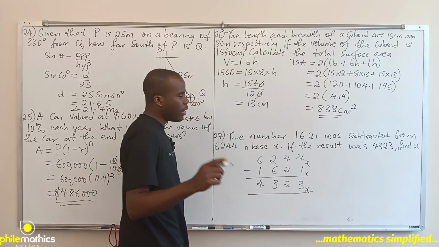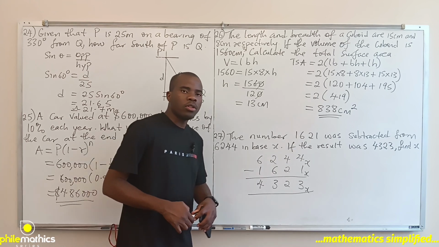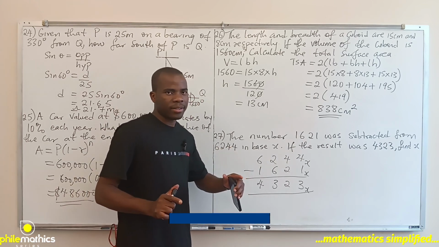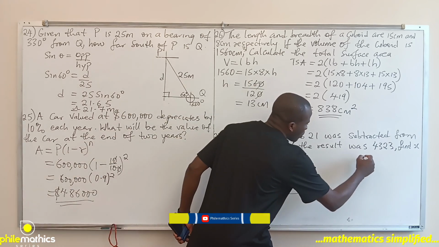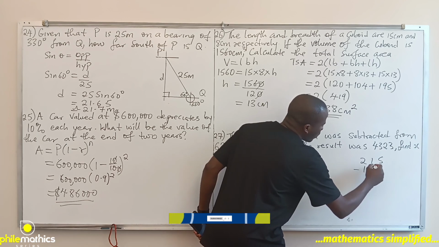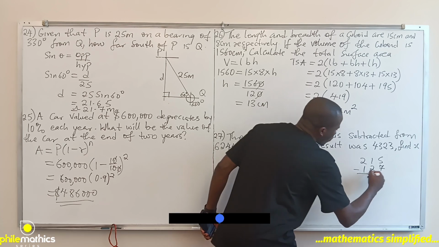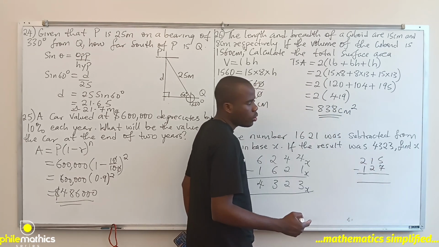Now, let me remind you. In our normal number system, we use base 10 across the world. And so, that is why if you are subtracting 215 minus 127, when you say 5 minus 7, you say it cannot.